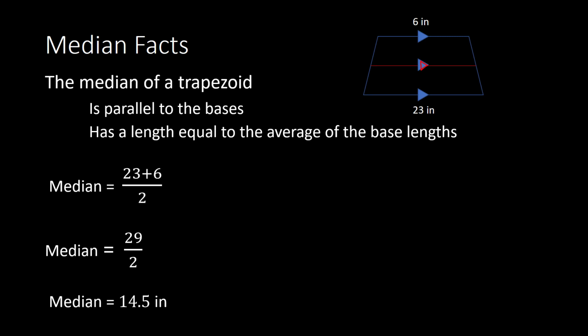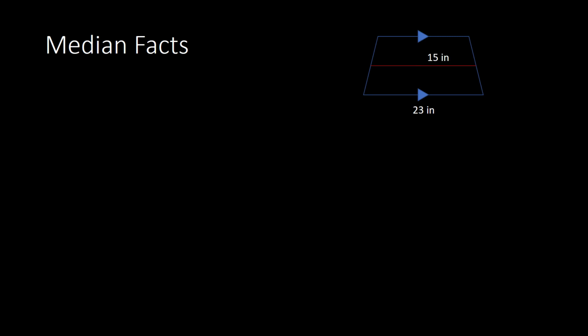Now what if you only knew 1 base along with the median? Here's an example where I know the 1 base to be 23 inches, and then the median is 15 inches. My goal is to find the length of the second base. I can use the fact that the average of the bases gives me the median.